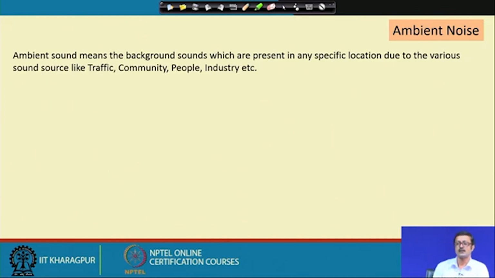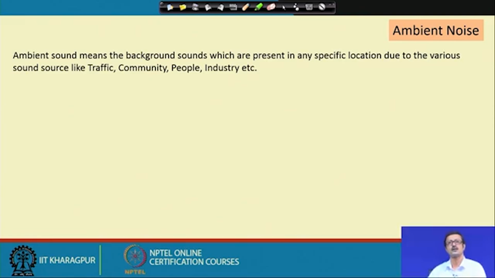That is the particular geographical condition, which may or may not have a built environment, but it should have some background noise presence, and duration is also important, maybe a smaller duration of time or sometimes a whole day or whole night.